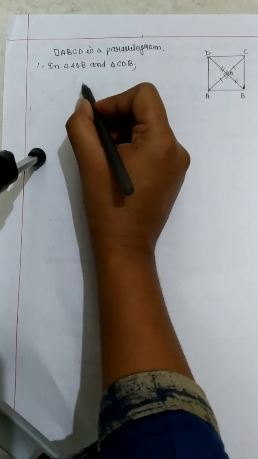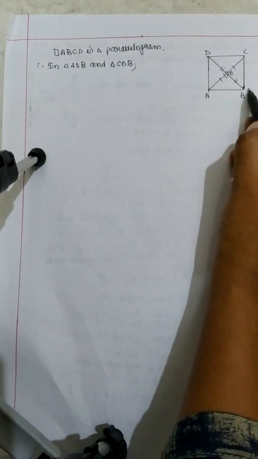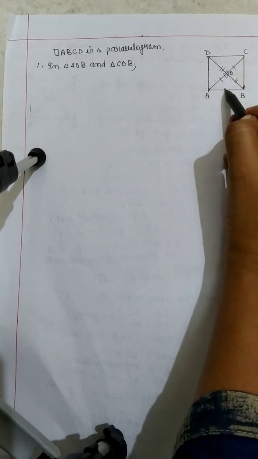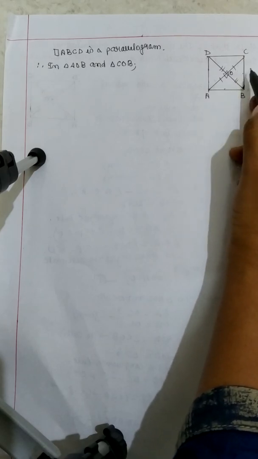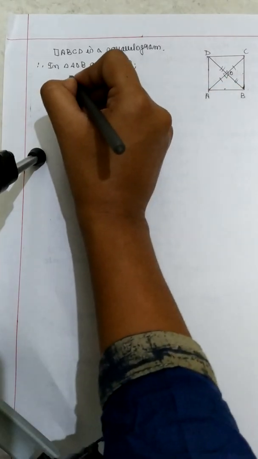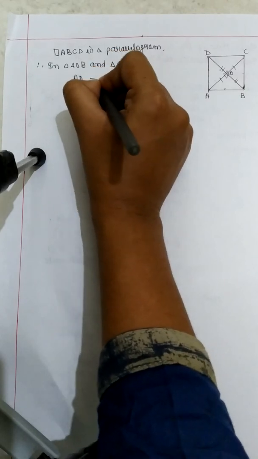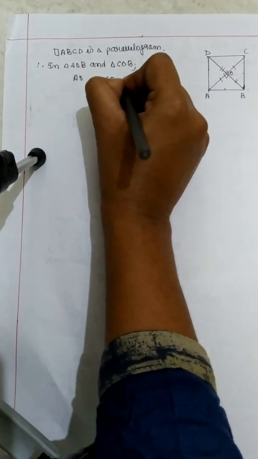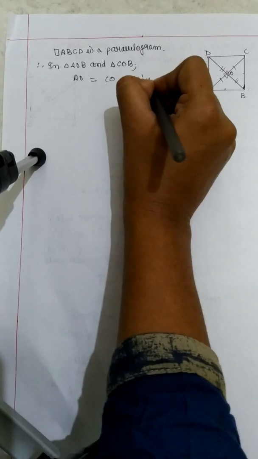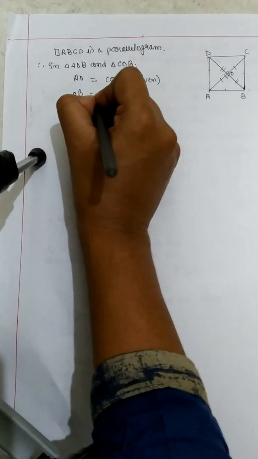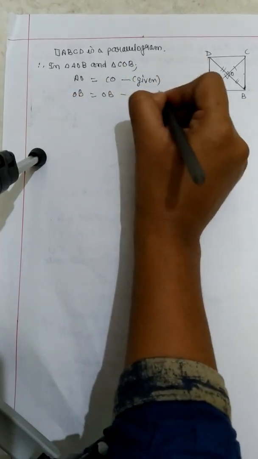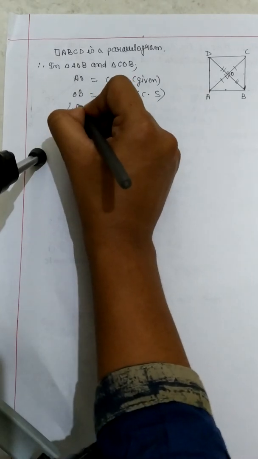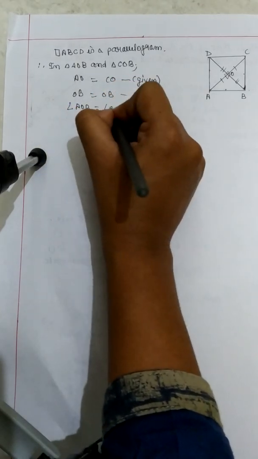Now once again proving the congruency in triangles AOB and COB such that I can show AB is equal to CB. So coming to the same point, AO is equal to CO, that is given, and OB is equal to OB, that is your common side. Then angle AOB is equal to angle COB.